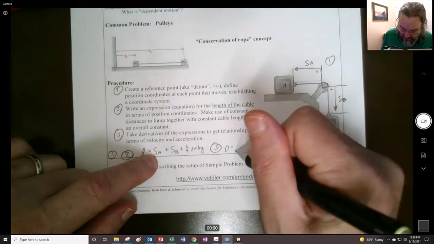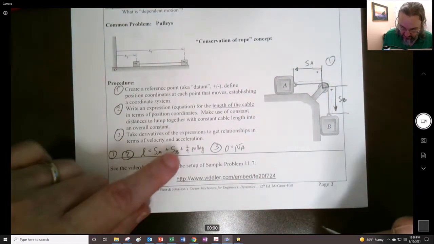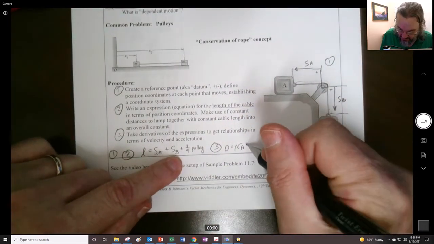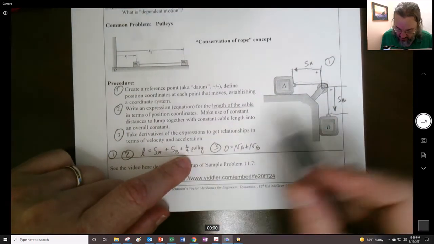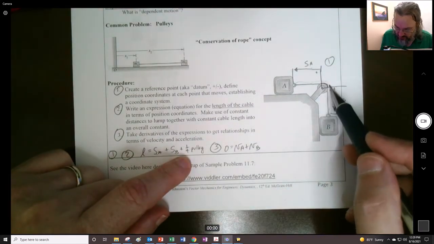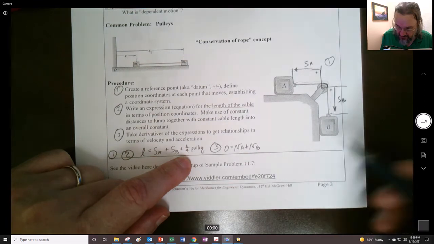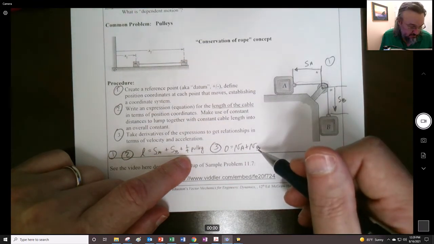This guy is going to be VA. This is going to be VB. And taking the derivative of this, does that length ever change? No. So it's 0.